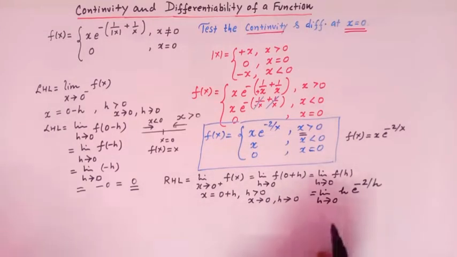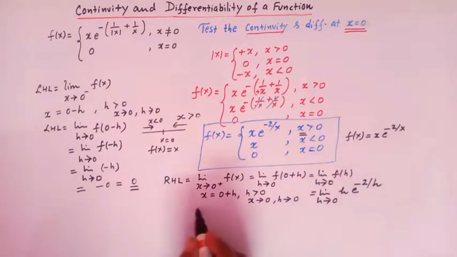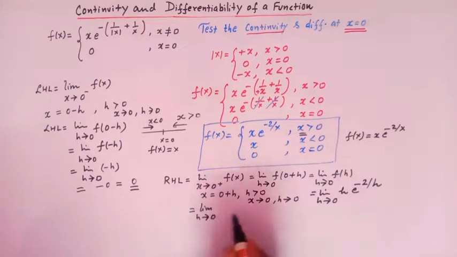Okay, now this expression can now be written as limit h tends to 0 of h over e raised to 2 over h, right?